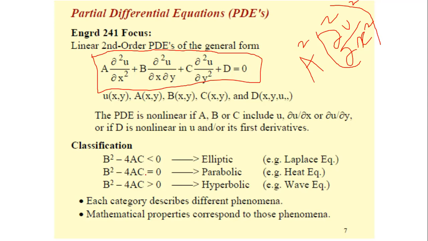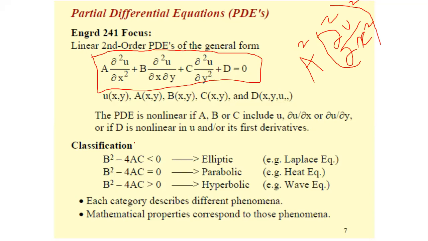So there can be a very broad three-way classification for partial differential equations. The first one is that, if you look at this, the coefficient of del square u upon del x del y is called b. The coefficient of del square u upon del x square is a. The coefficient of del square u upon del y square is c, and we have another term called d.